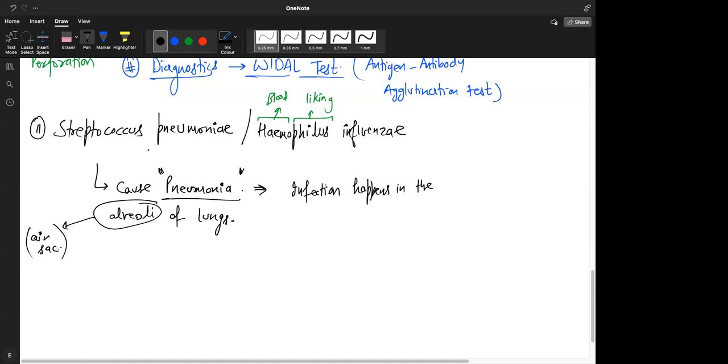So in pneumonia, infection happens in the alveoli of the lungs. And because of this infection in the alveoli, write down next, the alveoli get filled with fluid. Something similar happens in the case of COVID as well.